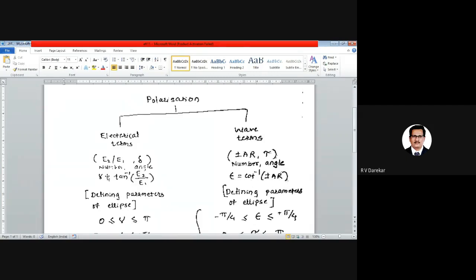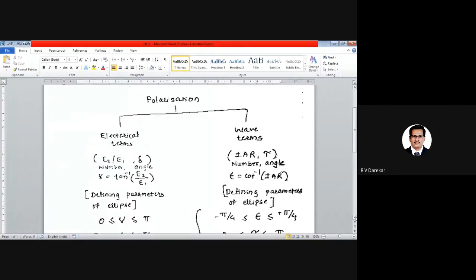So what are these three parameters? Delta and gamma can be considered the parameters defining the elliptical structure. In a very similar way, the same ellipse provides the components tau, epsilon, as well as axial ratio in case of wave terms, and E2 by E1 in the electric terms.